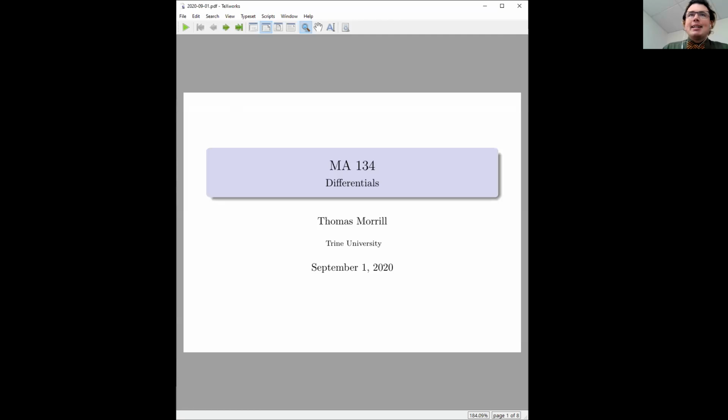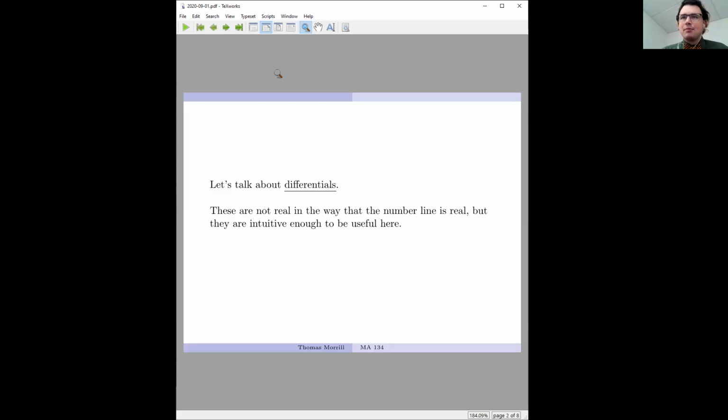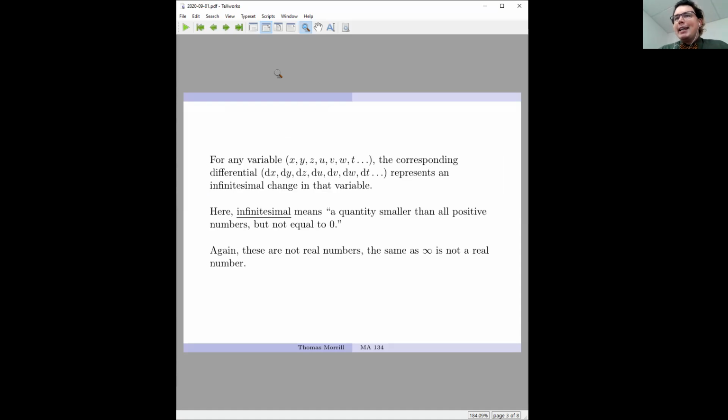So this idea, I'm showing my slides here, this idea is called a differential. It's where we get the name for differential calculus. Now, the idea is that there's some variable that I'm working with, maybe more than one.